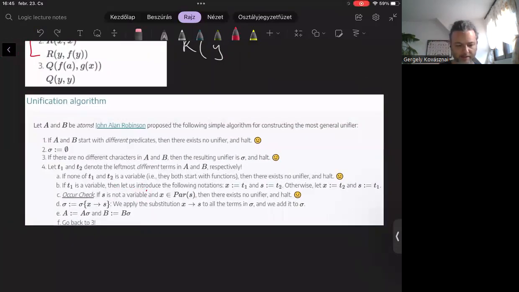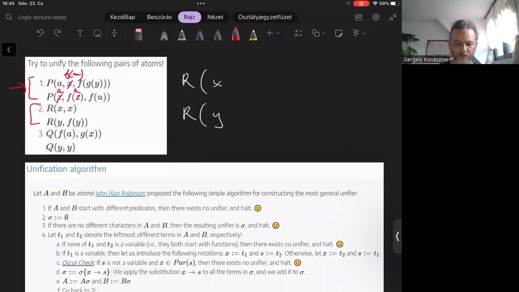And then let's add a new substitution to the unifier, the substitution of Y into X, or since both of them are variables, we can substitute X into Y as well.